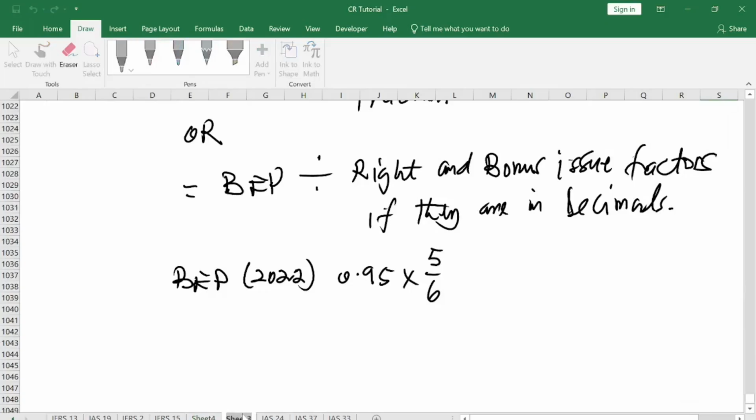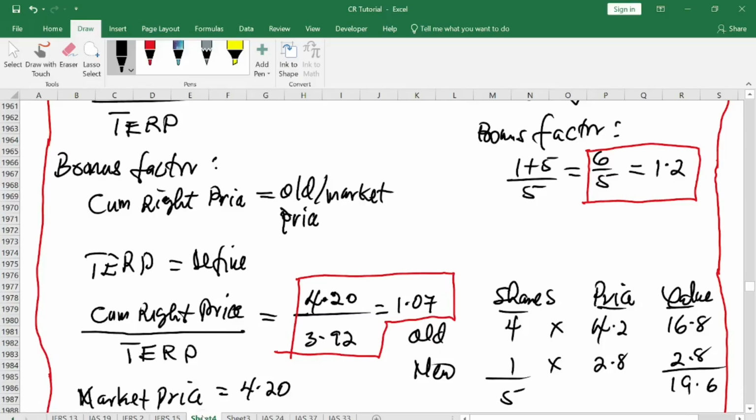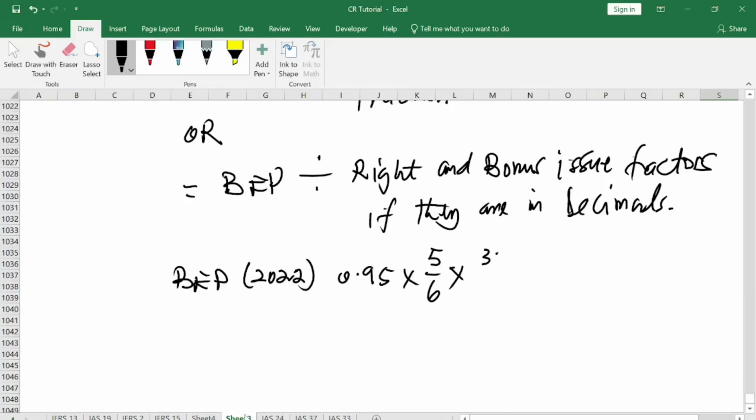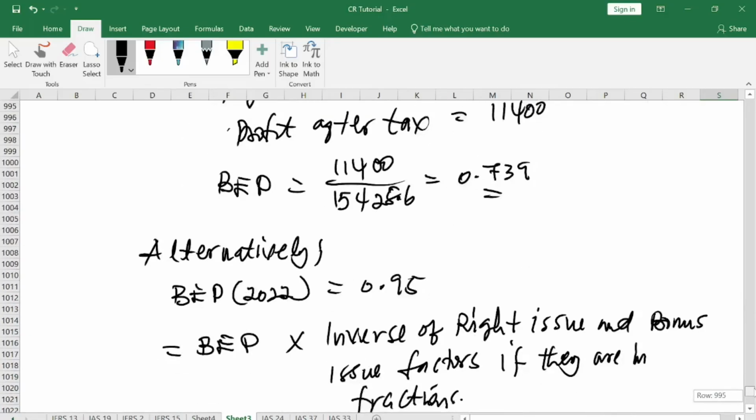The inverse of the bonus factor for bonus issue is 5 over 6 times the inverse of the right issue factor, which was 4.20 over 3.92. The inverse of it will be 3.92 over 4.2. What do you have? It will be 0.739, the same as the above.